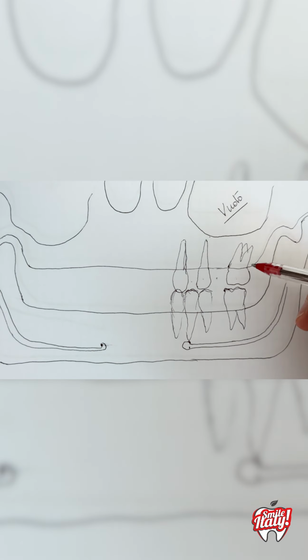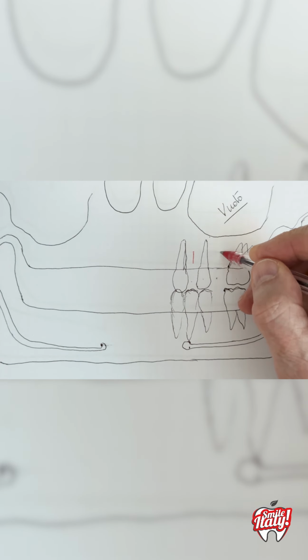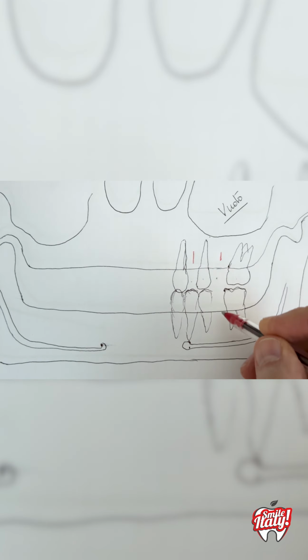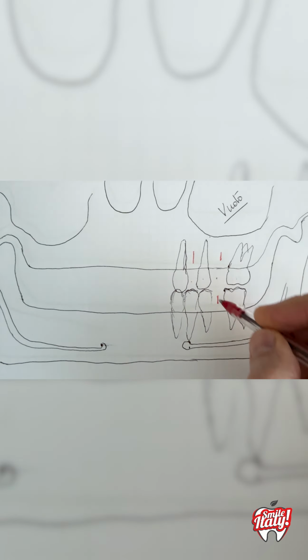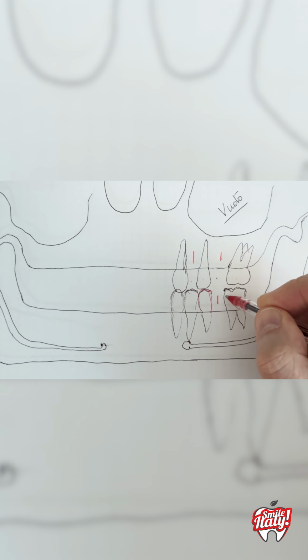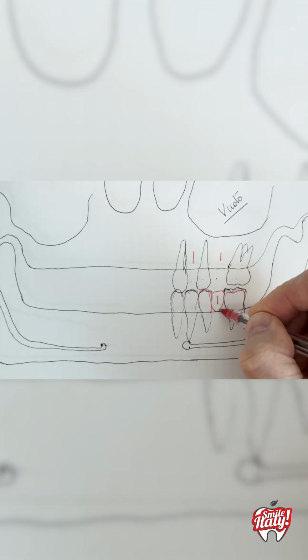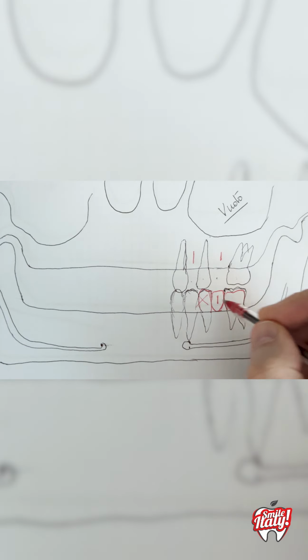In the upper arch, two teeth are missing. In the lower arch, only one tooth is missing. Here we could make a 3-unit bridge replacing the missing tooth. Alternatively, we could place an implant, an artificial root drawn a bit roughly here, and replace only that single tooth.